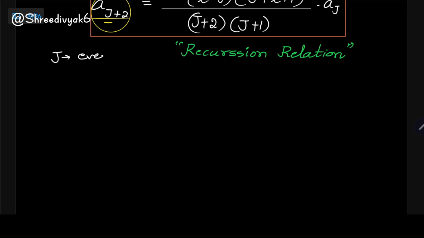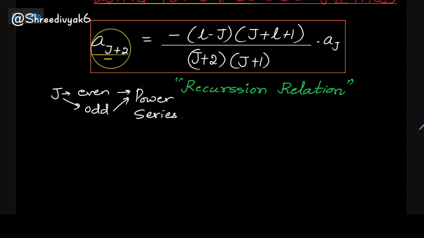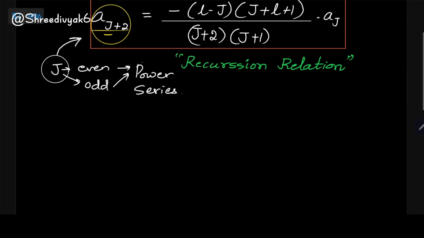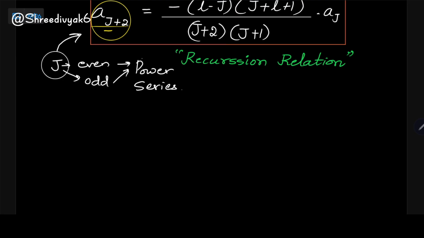So even values and odd values separately are going to provide us the even power series and odd power series. Since those power series depend on the value of j, we are going to obtain them from this recursion relation. So, let us start with that substitution for j value.